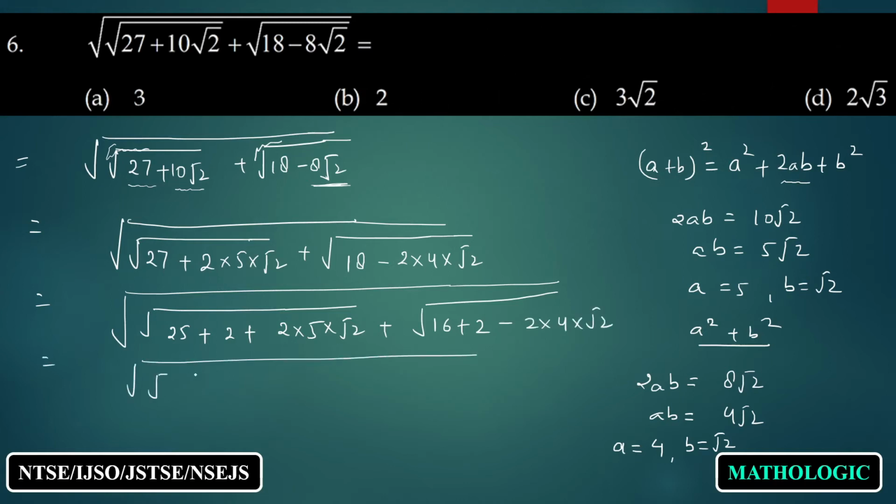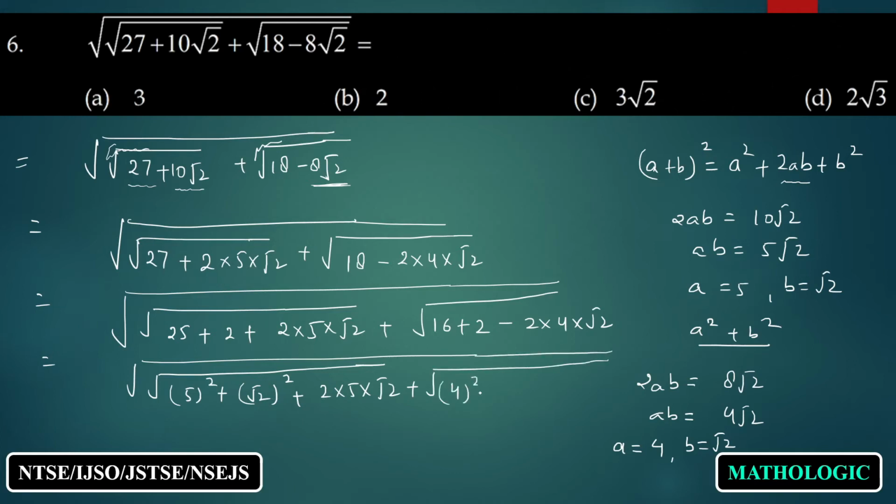We can write 25 as 5 whole square, we can write 2 as root 2 whole square, and then we can write 2 into 5 into root 2. a square plus b square plus 2ab, correct? Now this is a perfect square. Same for the second expression. We can write this as 4 whole square plus root 2 whole square minus 2 times 4 times root 2.